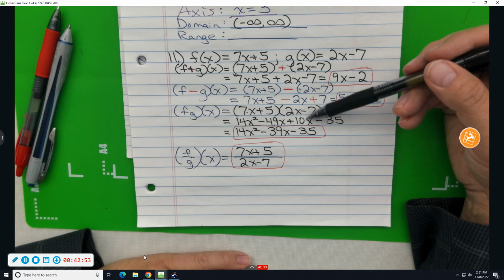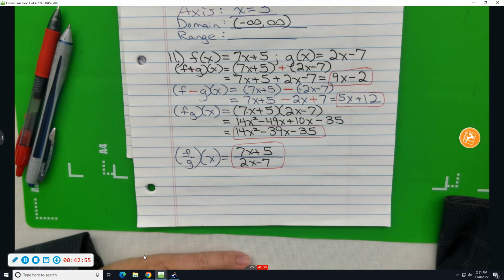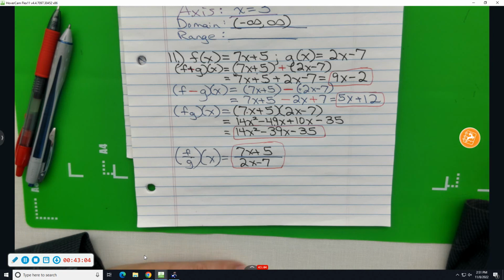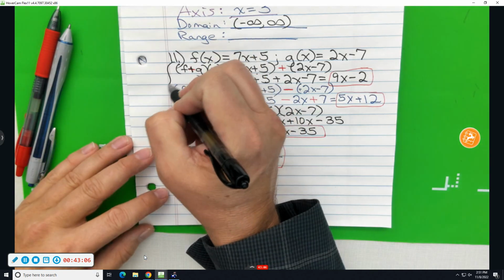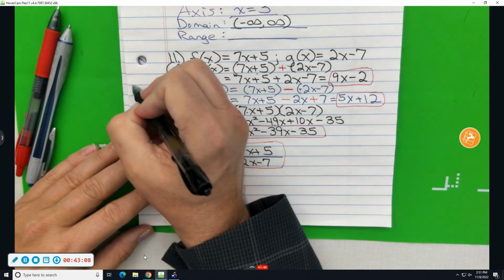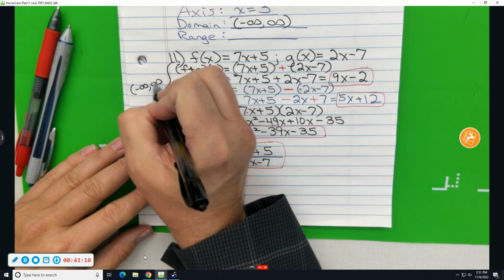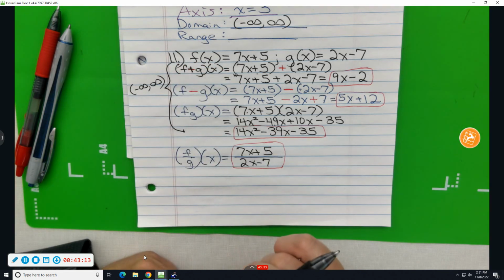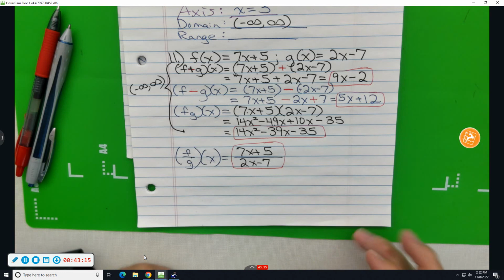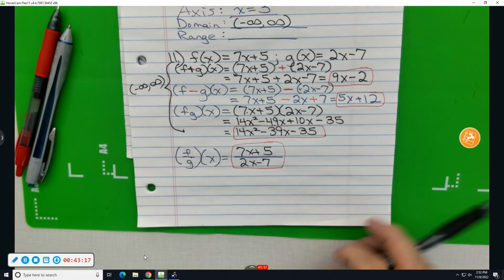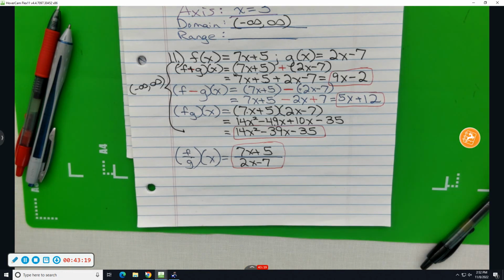Looking throughout that work, there's no time that you pick up a square root. There's no time that you pick up a fraction. So for these three functions, the domain is all real numbers. Negative infinity to positive infinity. For f divided by g, we'll have to come back to that in a moment.